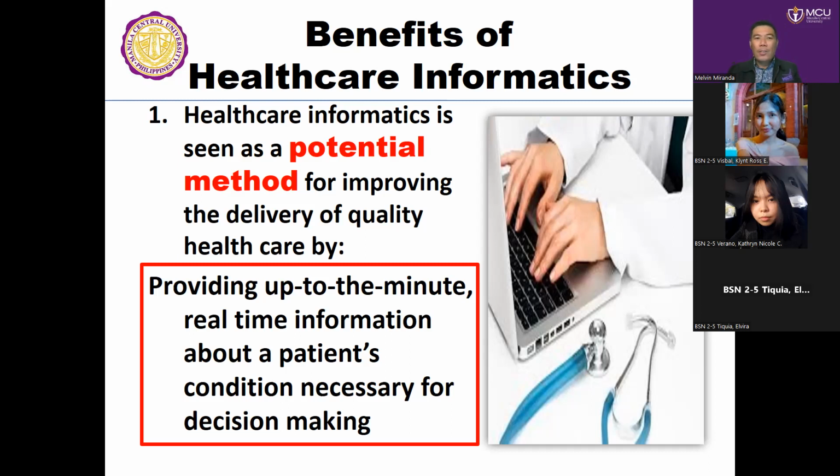And as I have mentioned, this is a method on which, even pre-pandemic, we had already started online classes in nursing education, teleconferences, and teleconsultations. The pandemic just strengthened and enhanced those platforms and the delivery of these services through the use and maximization of healthcare informatics.